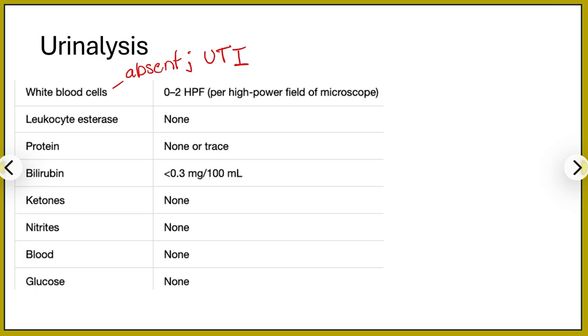In addition to that, you can have indirect indicators of a urinary tract infection. So leukocyte esterase is going to be produced by the white blood cells. So this would be a UTI indirect indicator.